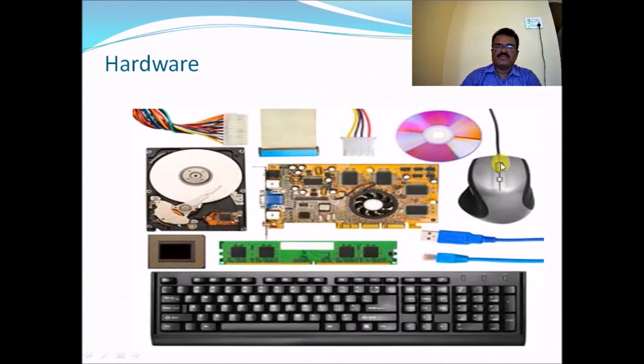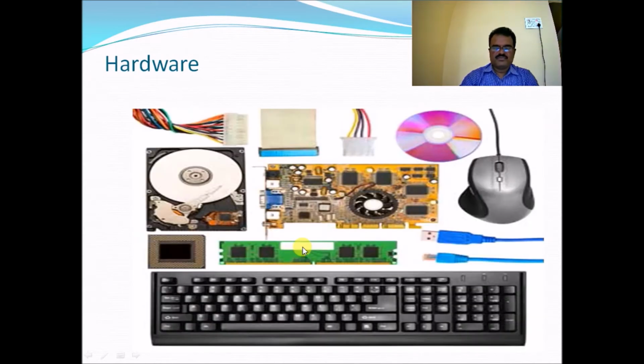The CD-ROM drive, mouse and USB port enabled wires. And this is the RAM and the CPU. The inside parts are a BIOS card and this keyboard. So here we can see hardware. These are all called hardware because these are physical in nature. We can see and touch them.